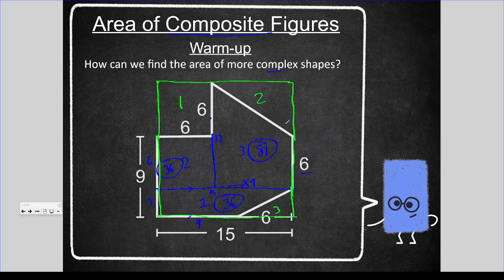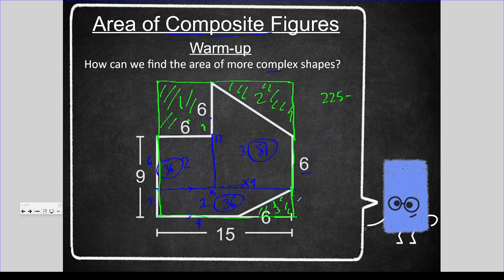So this is a 15 by 15 square. So I have 225 minus, and now I'm going to take away these 3 small missing shapes that have been taken away from the big square.